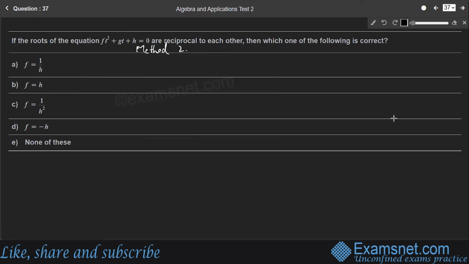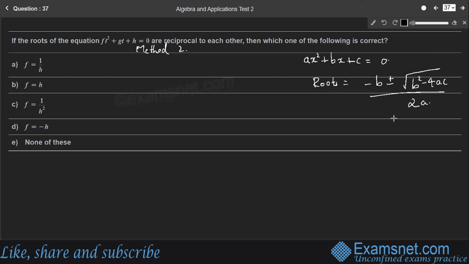Again, let us consider the general quadratic equation ax square plus bx plus c is equal to 0. In the quadratic equation, the roots by the formula are minus b plus or minus root of b square minus 4ac divided by 2a. Here the roots are reciprocal to each other.